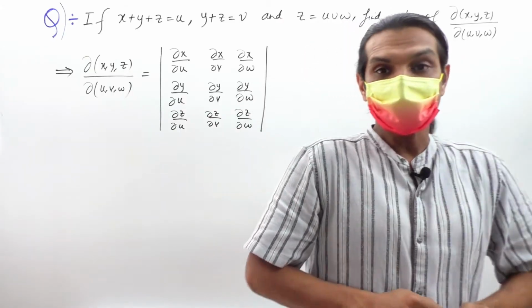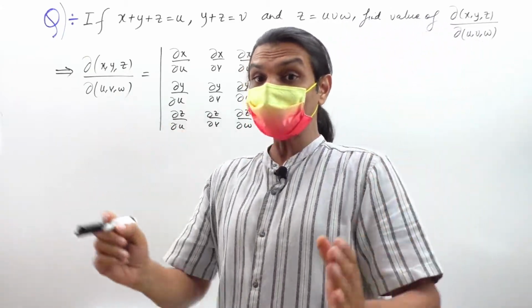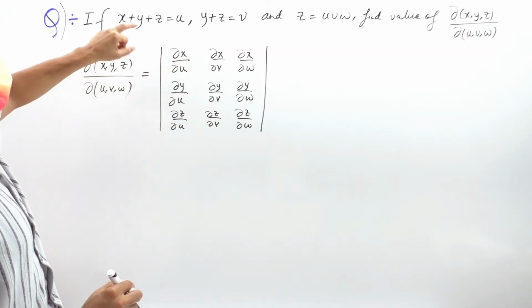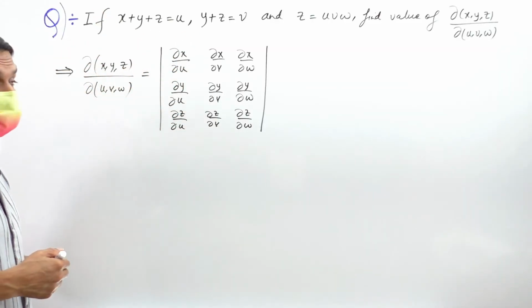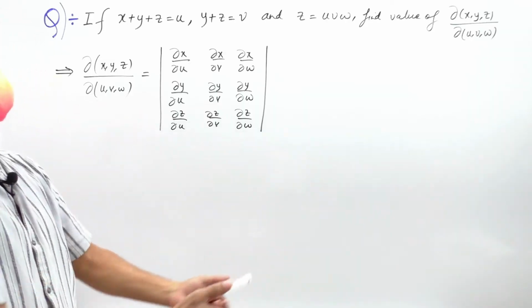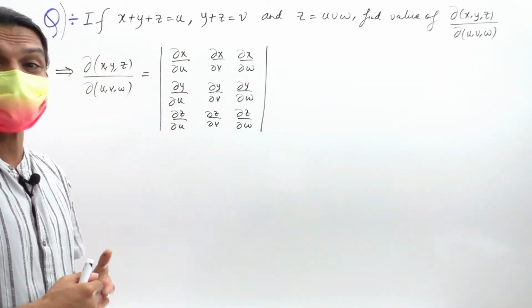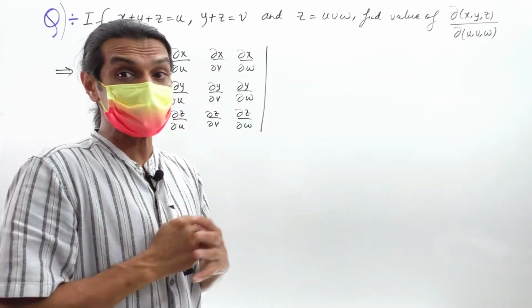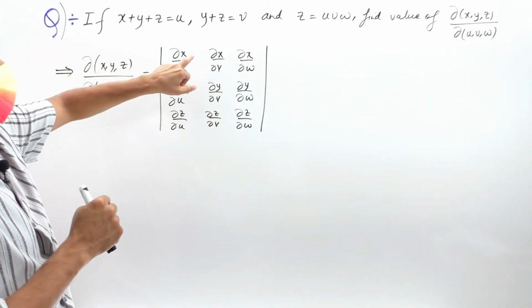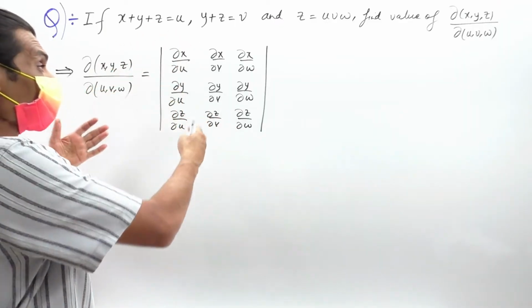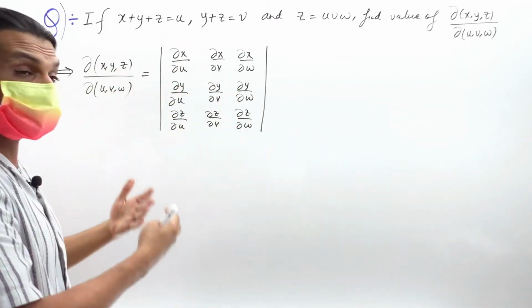Okay. Now, let us solve this, but the problem here is, if you see the question, they have given x plus y plus z is equal to u, y plus z is equal to v, and z is equal to uvw. But the partial derivatives inside the determinant which we are required to find are ∂x/∂u, ∂x/∂v, ∂y/∂v, ∂z/∂u, and so on.